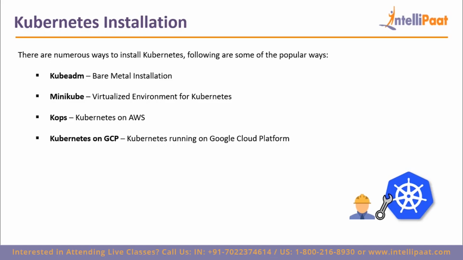The second way is Minikube. Now guys, Minikube is basically a virtualized environment in which you don't have to create any slave nodes or any master node. You just download the Minikube software and it will virtualize a Kubernetes environment for you. It's a great way for practicing Kubernetes, but it's not so great if you want to learn Kubernetes in depth, as to how it works and what happens if you play around with different components.